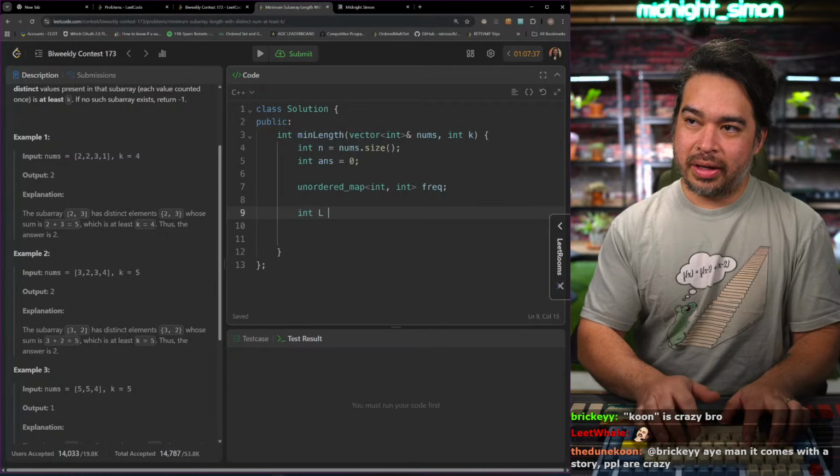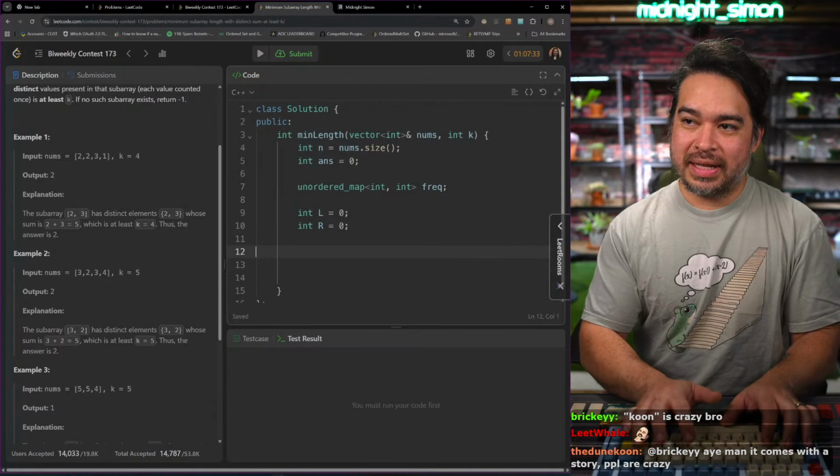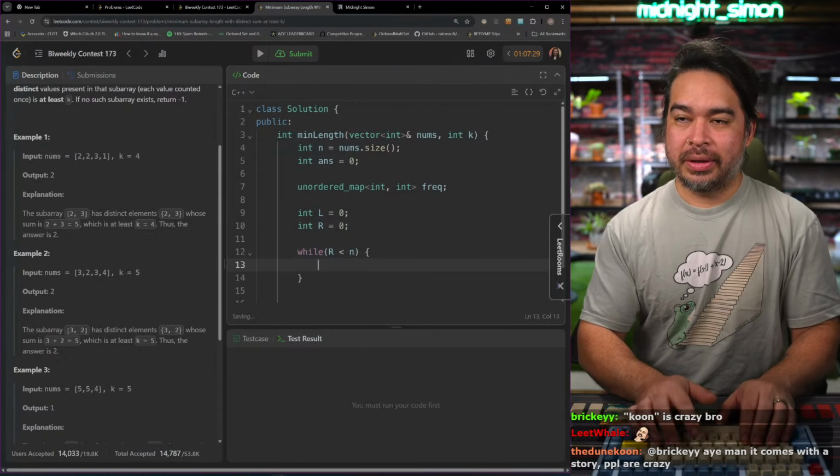I'm trying, I haven't written a sliding window in a long time, man. My sliding windows are weird. I'll tell you that right now.